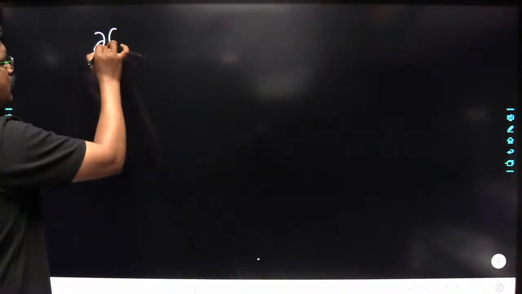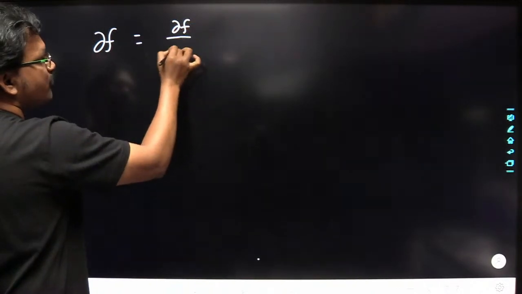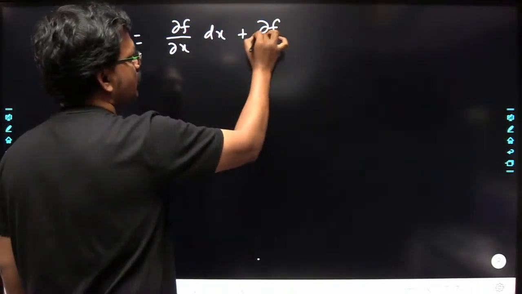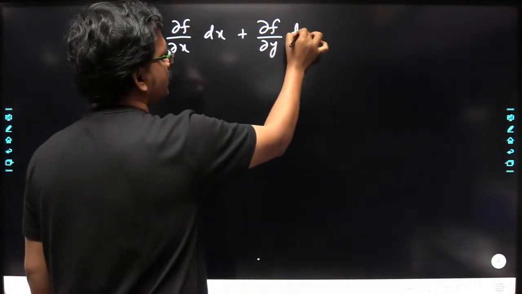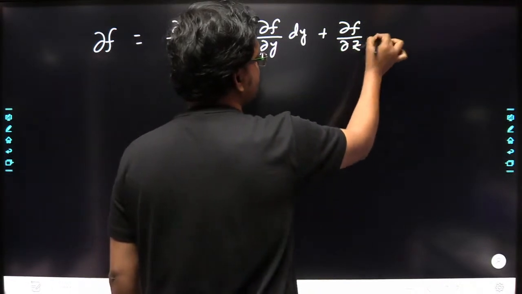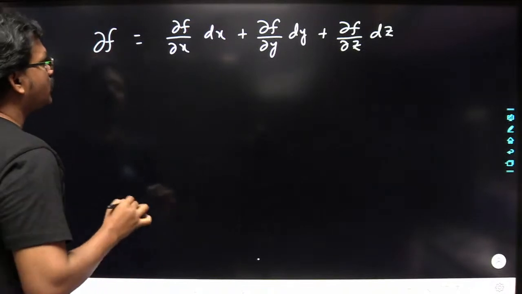Now see here, what we got finally on the LHS is dou f, which is equal to dou f by dou x into dx plus dou f by dou y into dy plus dou f by dou z into dz. Now how can I represent this?